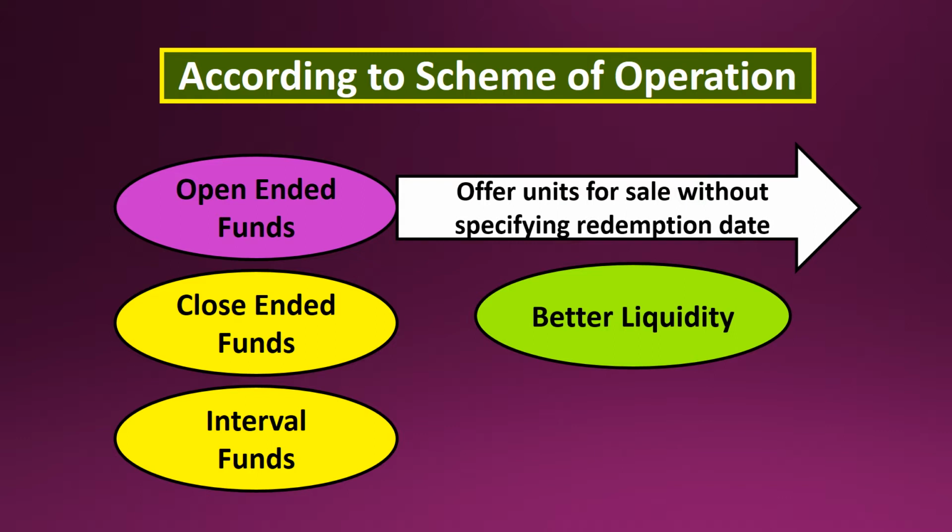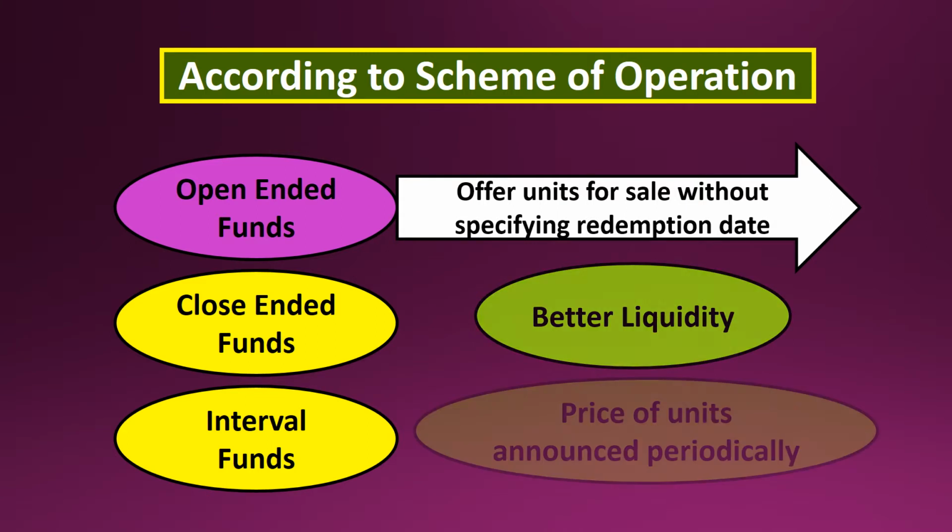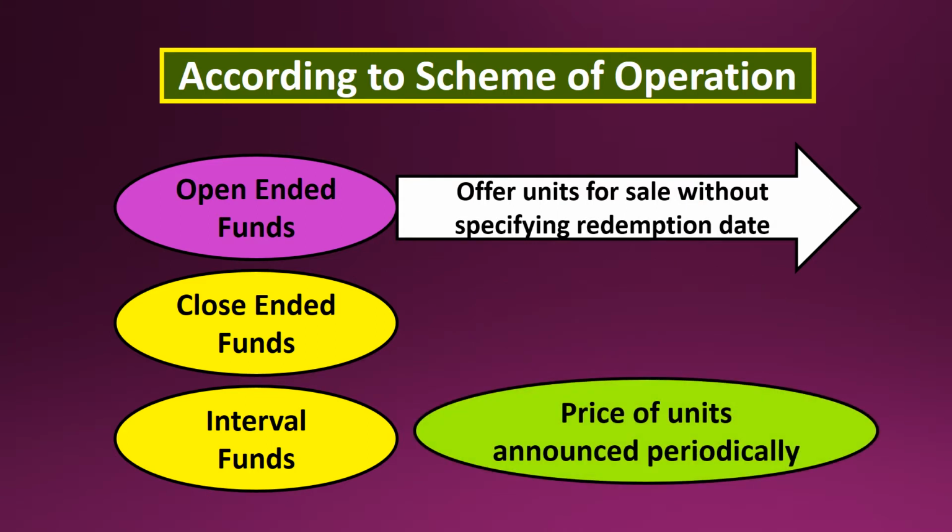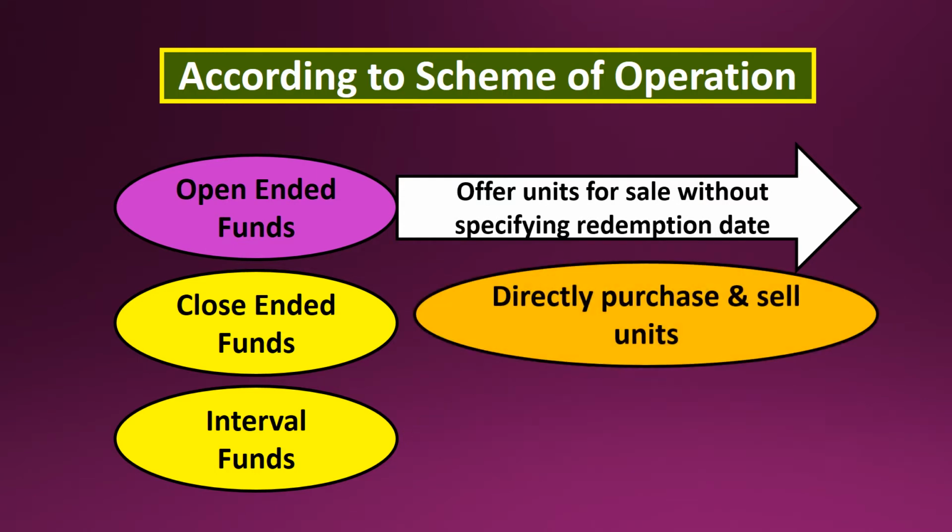In the same manner, the price at which the units are offered to the public is also announced periodically, so it is totally transparent. As an investor can directly purchase and sell the units under the open-ended schemes, these are not listed in the stock exchanges. Anybody can purchase or sell units under the scheme.